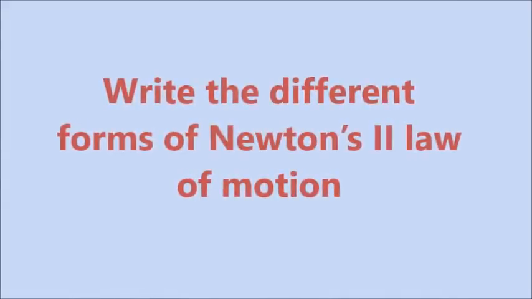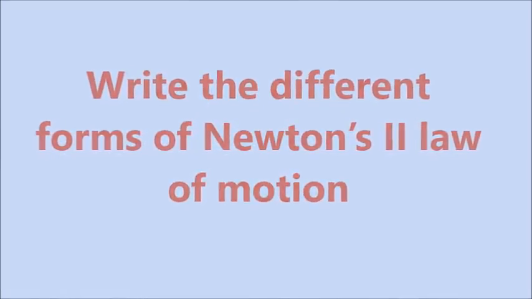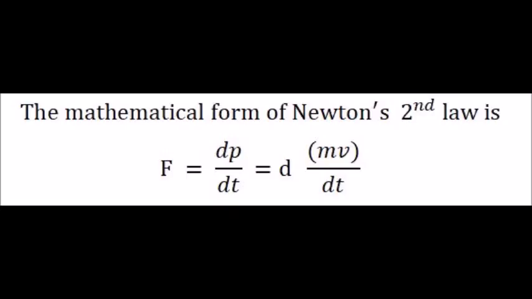Write the different forms of Newton's second law of motion. The mathematical form of Newton's second law is F is equal to dp by dt, which is equal to d(mv) by dt.